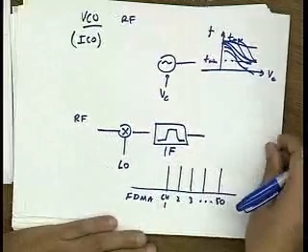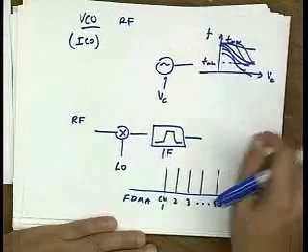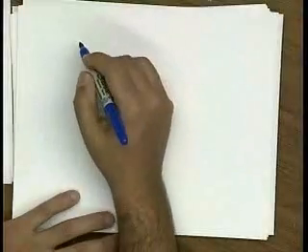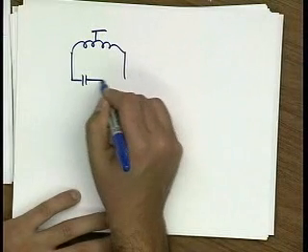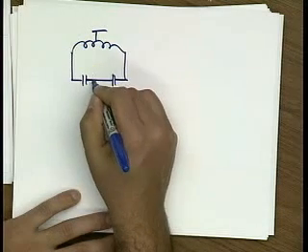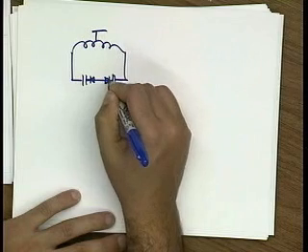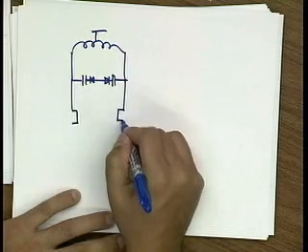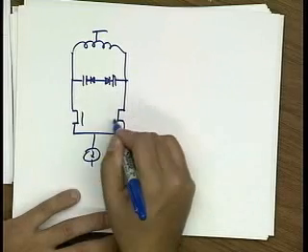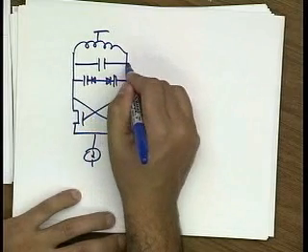Last lecture we talked about using varactors, PN junctions, to vary this frequency. It's a very simple concept. So here, let's just draw it. I have my tank, and let's say I connect a diode like this. I also might have some fixed capacitance.